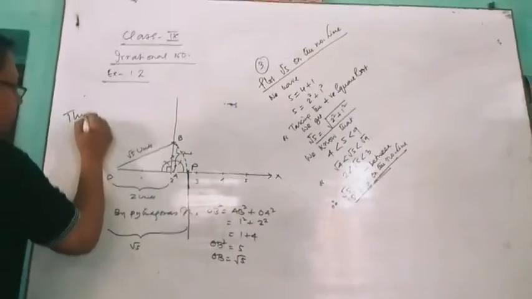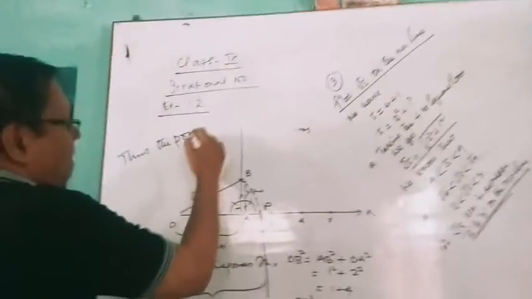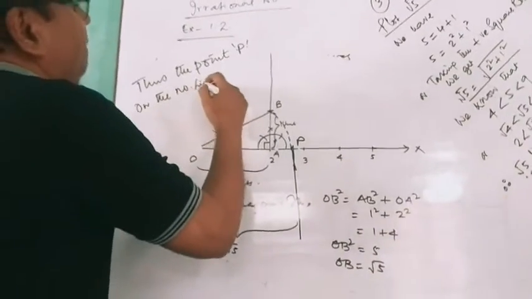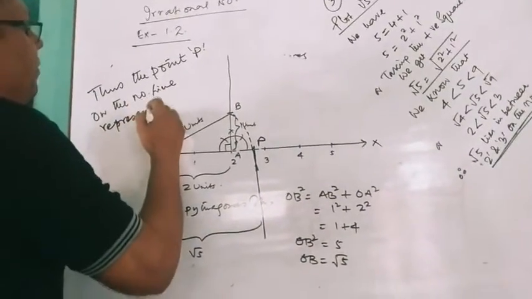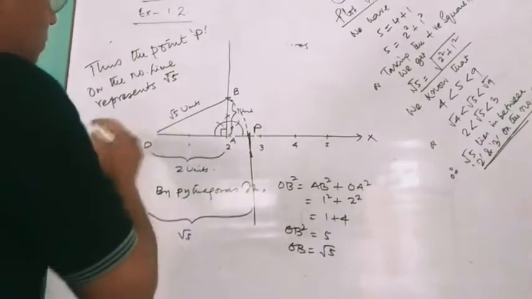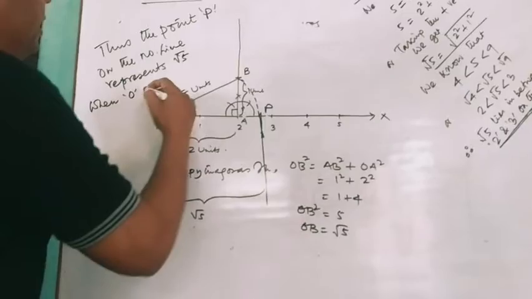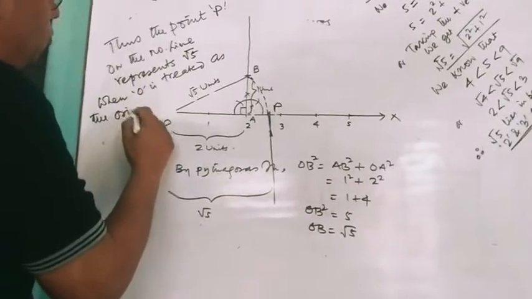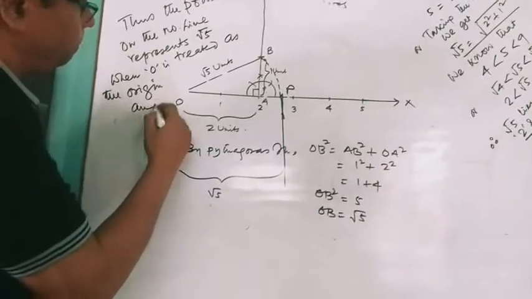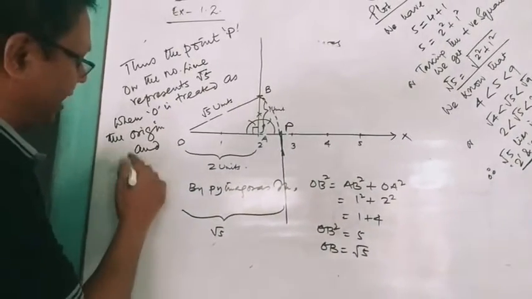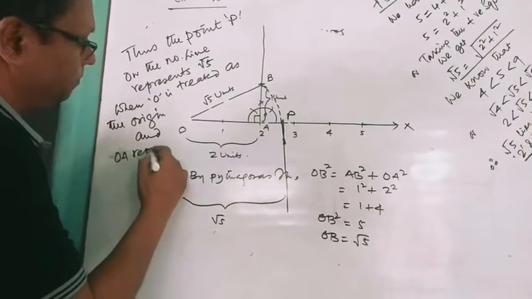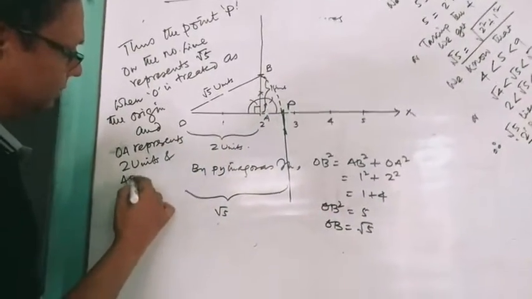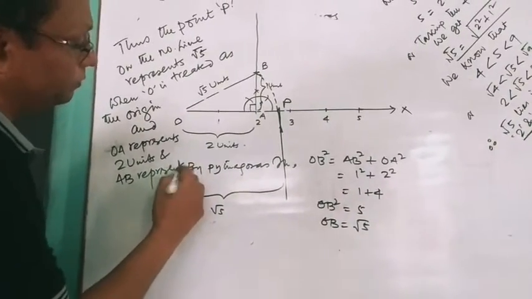Thus, the point P on the number line represents root 5 when O is treated as the origin and OA represents two units and AB represents 1 unit.